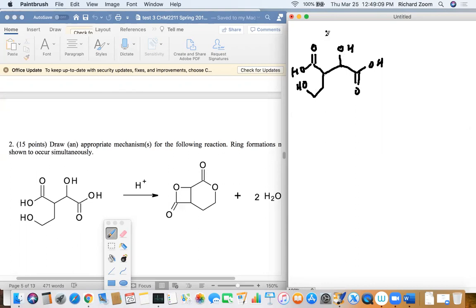Will you number it like you did on the other example? Sure, I will, but not right now. Let me get to the point where we're going to do the ring closure, and then I'll do the numbering, okay?